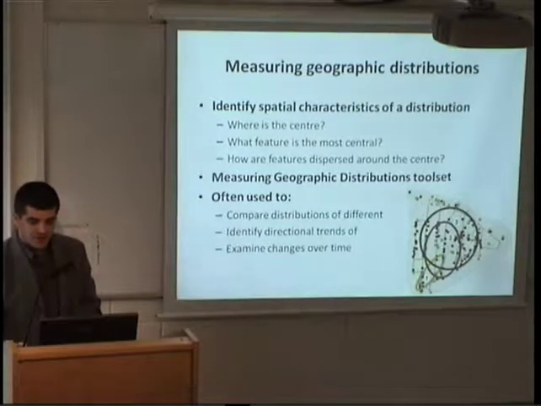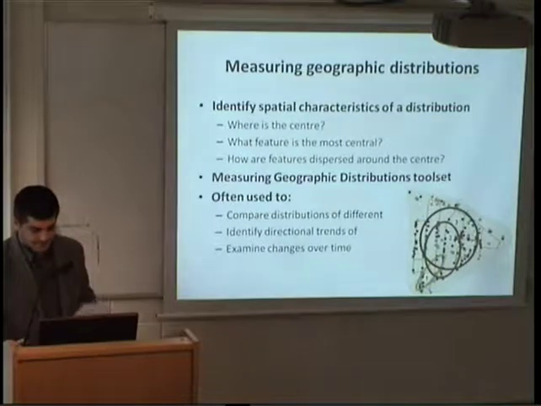The first circle shows the distribution of disease in the first week, and we can see that the disease started from the lower left corner of the region. Then it spread to a wider region in the village, and finally in the third week, which is the biggest circle, you can see that almost the whole village was covered by the cases.